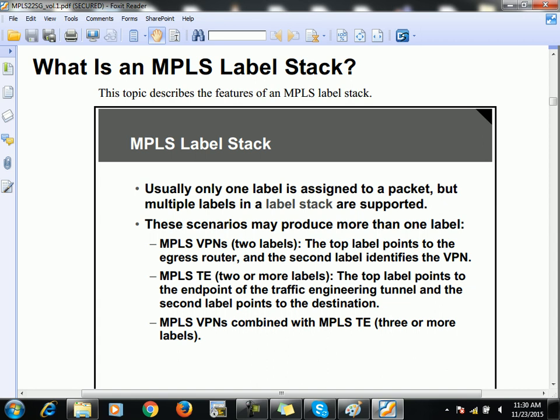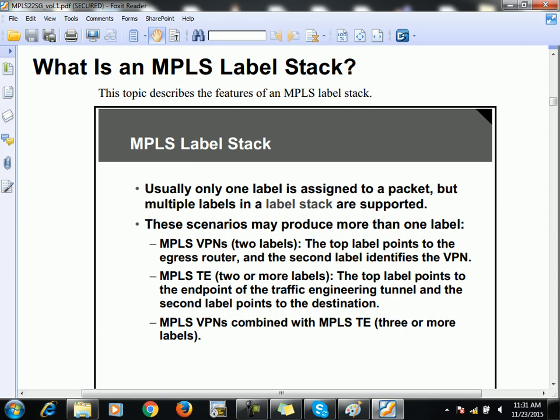If you are implementing MPLS VPN, then at least 2 labels will be there. If you are using MPLS traffic engineering, then again 2 or more labels. And if you are implementing VPN plus traffic engineering both together, then 3 or more labels.